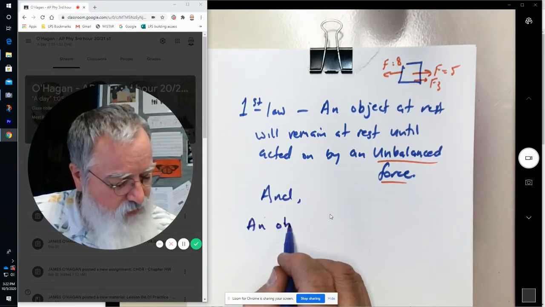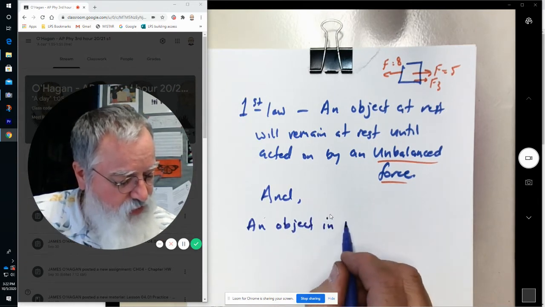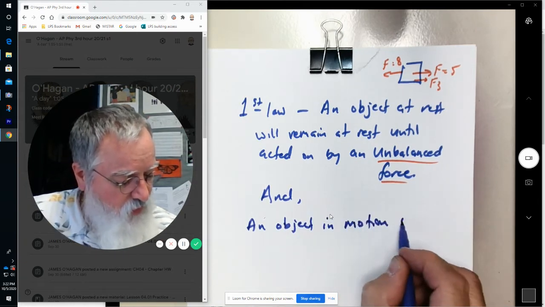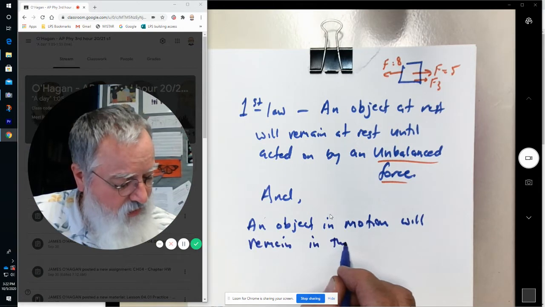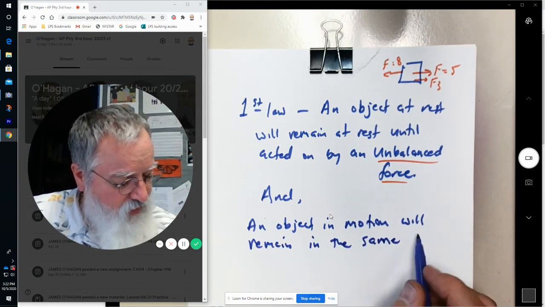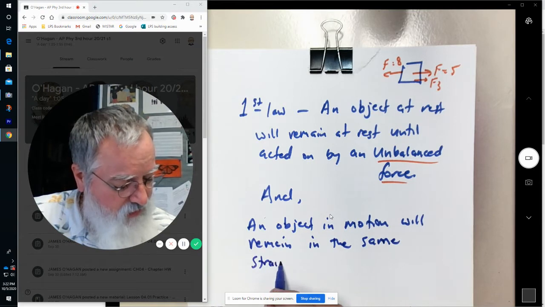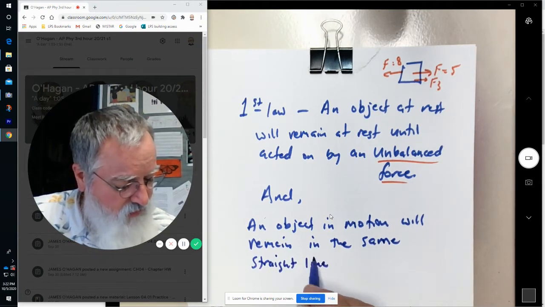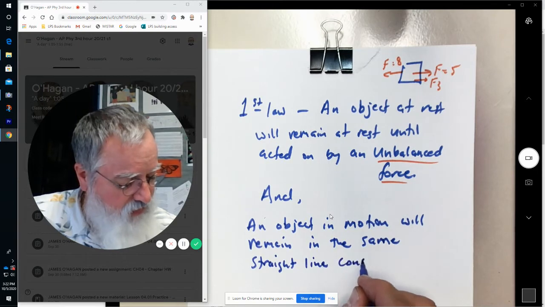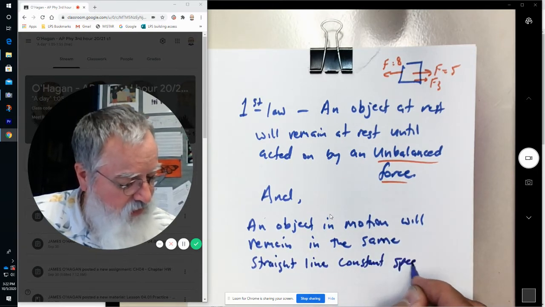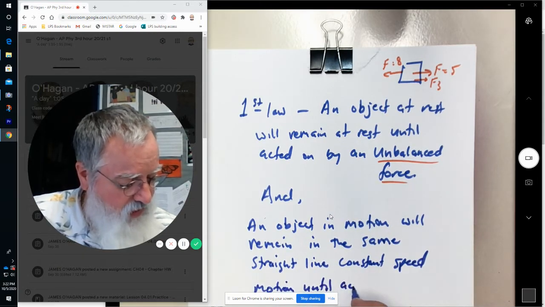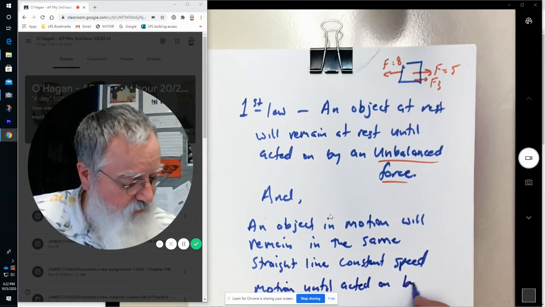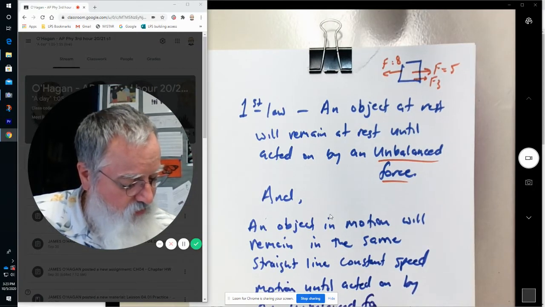An object, O-B-J-E-C-T, in motion will remain in the same straight line, constant speed motion until acted on by an unbalanced force.